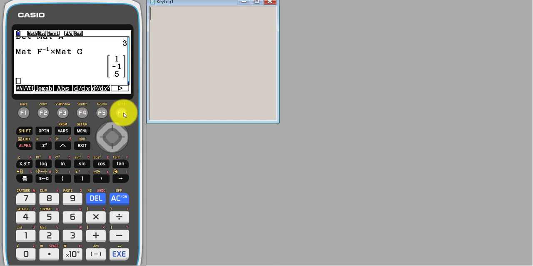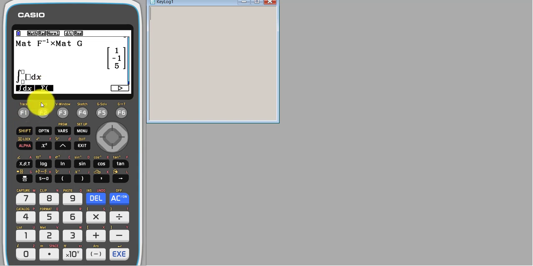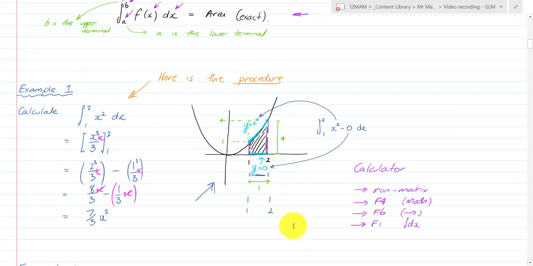Then I have to scroll across to F6, and then I can do an integral, but I'll only do a definite integral, as we say. I choose my x and square it, then go to my terminal values and put between 1 and 2, and then press execute. It calculates that for me as 7/3, which is exactly what we got earlier. So we're quite happy with that result.